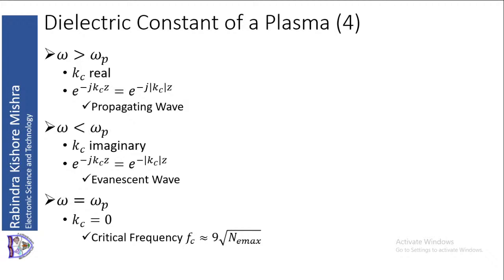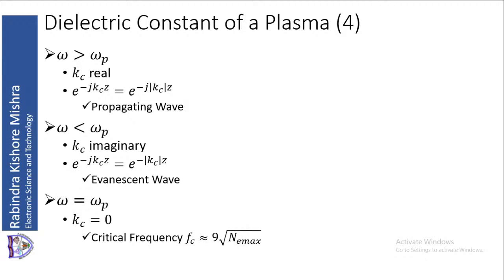Kc is equal to, we know, root over of 1 minus omega p square by omega square. So that is equal to 0, means 1 minus omega p square by omega square is equal to 0, or omega p square is equal to omega square.